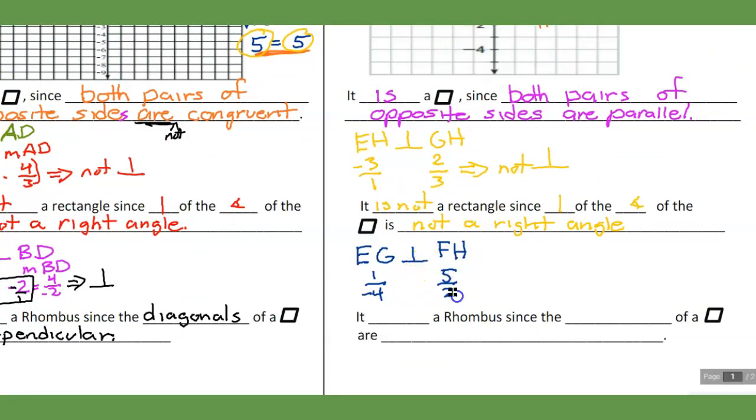So are these perpendicular? Nope. Not perpendicular, therefore it is not a rhombus since the diagonals are not perpendicular.